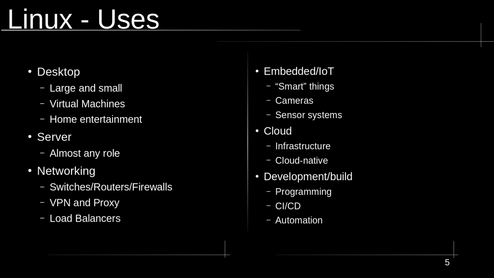It's basically been squeezed into everything. It's also been blown up into really large systems. IBM runs it on mainframes, for example. So it runs the gamut. And an awful lot of software development and build infrastructure runs on Linux as well, which we'll talk a little bit more about when we talk about DevOps and things like that.